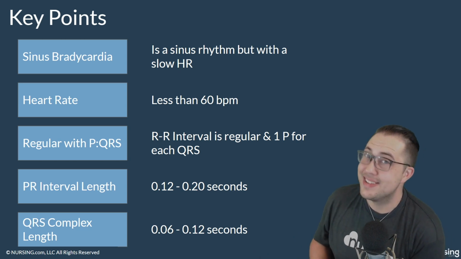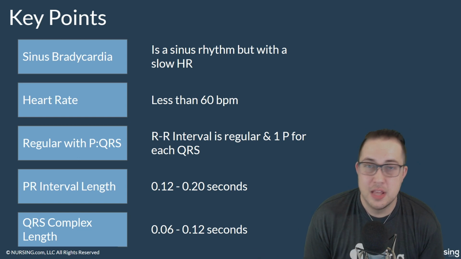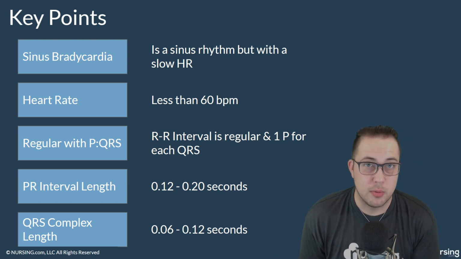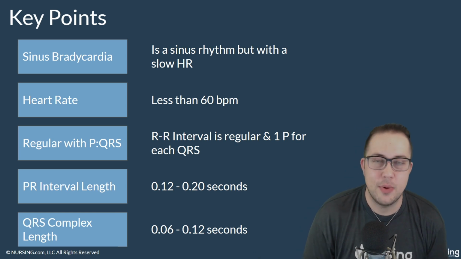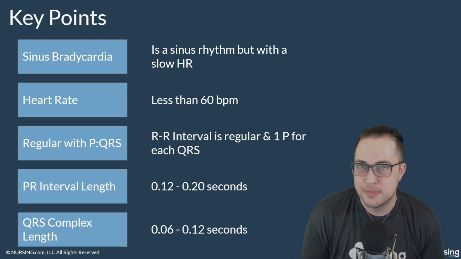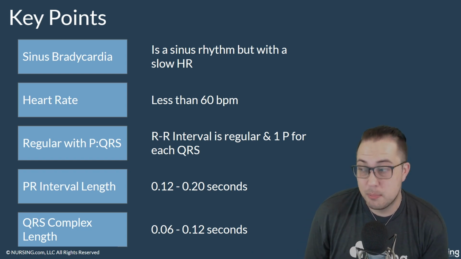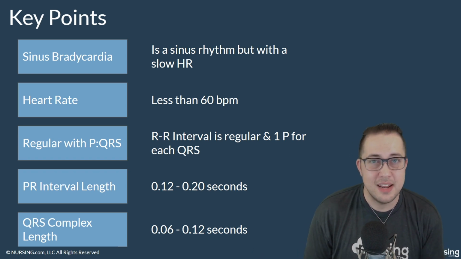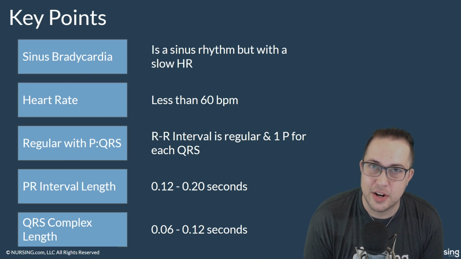Recalling also, it's a sinus rhythm because it originates in that sinoatrial node. This is going to be regular with a normal R to R interval, as well as being consistent with one P wave for every QRS complex. Our PR interval length in sinus bradycardia will indeed be normal, 0.12 to 0.20 seconds, and our QRS complex length will also be normal in sinus bradycardia.